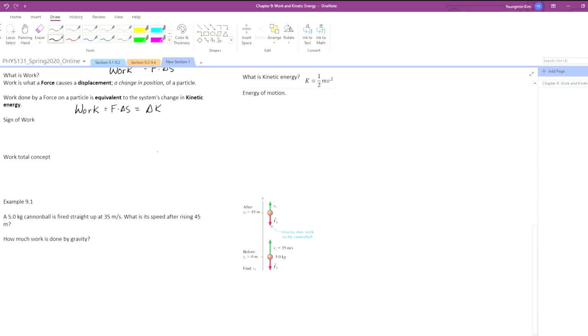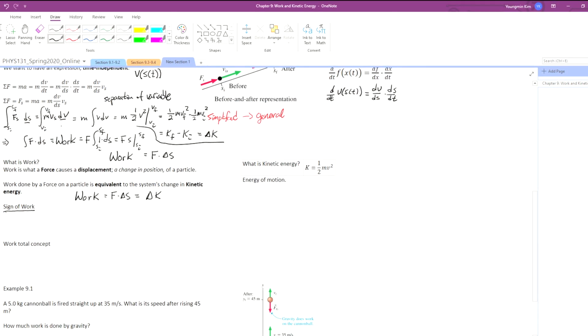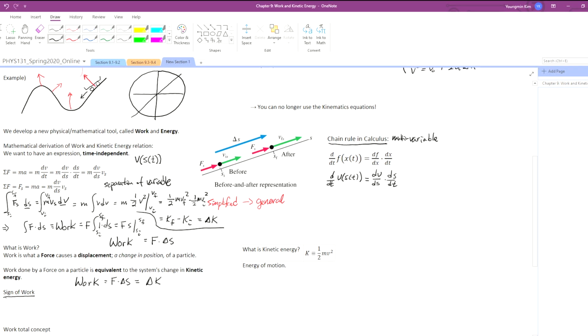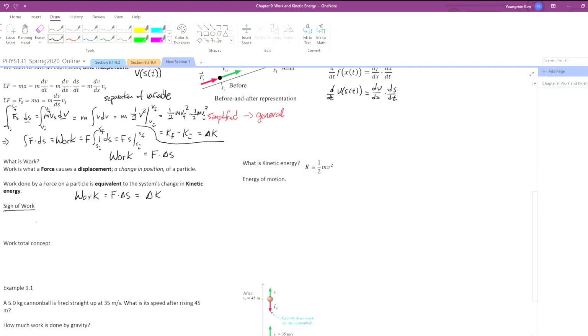Another important concept is we have to determine the sign of work. What would positive work and negative work mean? Now, for today, force is a vector. When the force direction is parallel, and not just parallel but in the same direction as the displacement, then the work is positive.